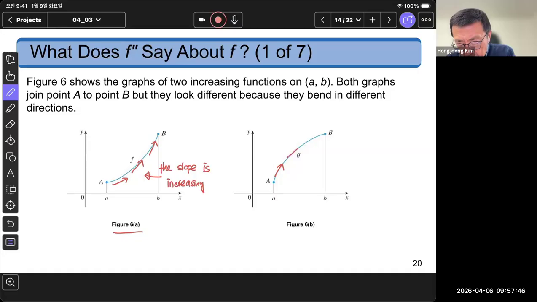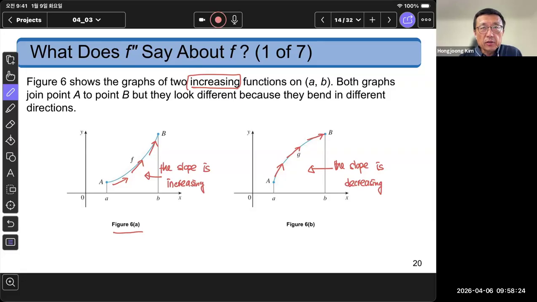But that slope becomes smaller and smaller, right? So that means the slope is decreasing. Please remember that both functions are increasing, but the increasing pattern is different.